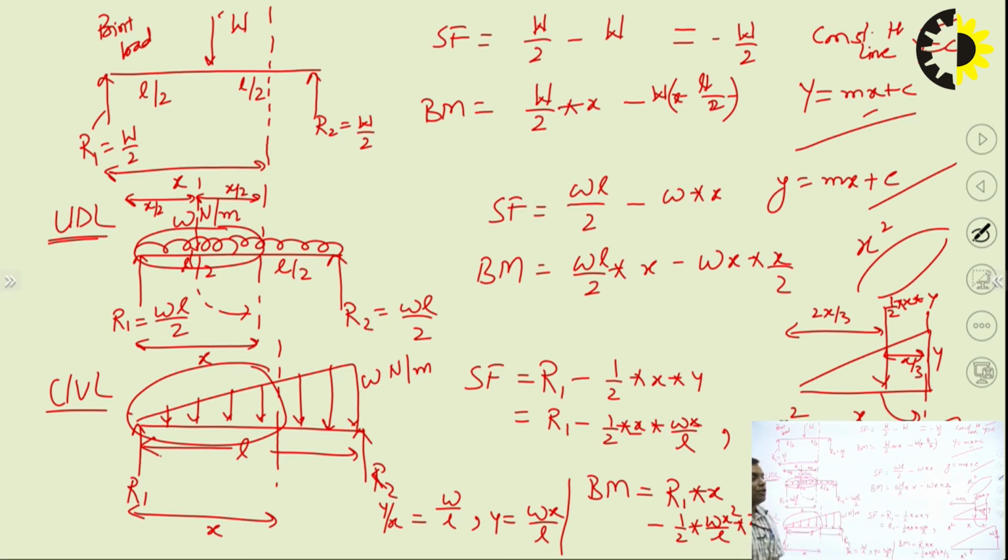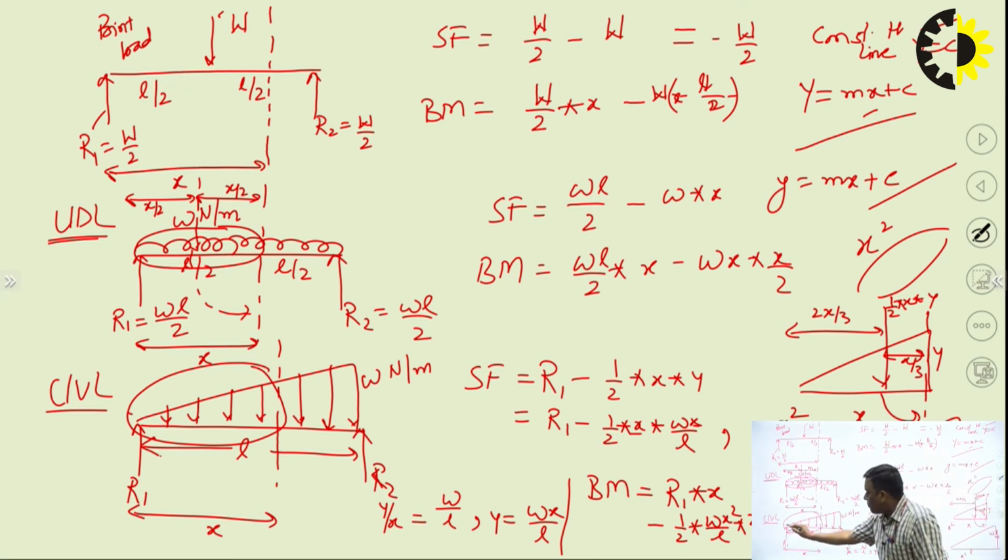So this is the shear force and bending moment diagram. We have to keep this thing in mind when writing the equation, कि how the shear force and bending moment equations will be written. So again I am concluding, point load में shear force constant line, bending moment inclined line. UDL के केस में shear force is inclined line, bending moment diagram will be square parabola.